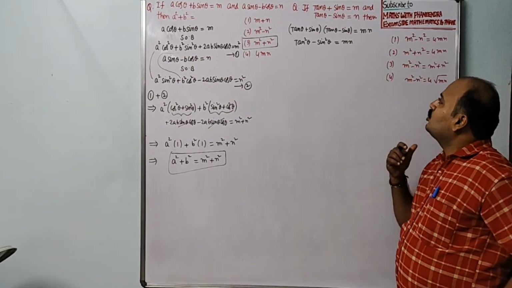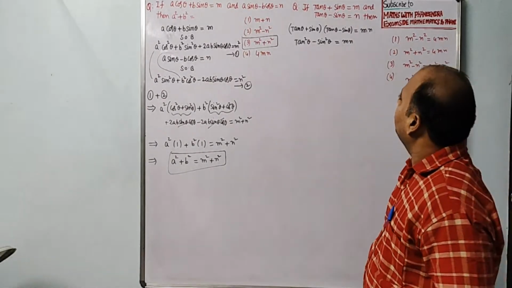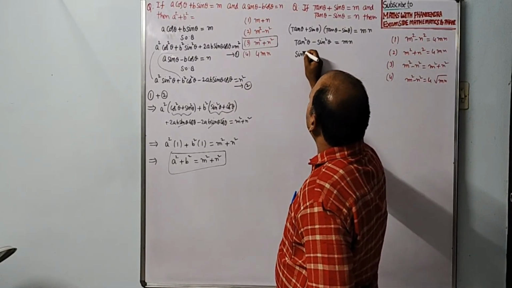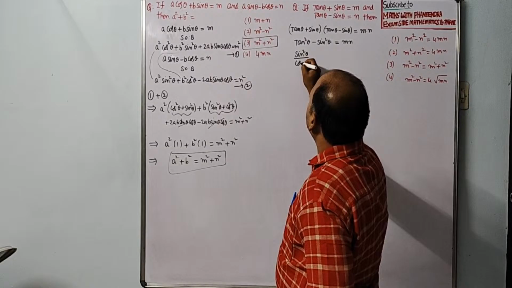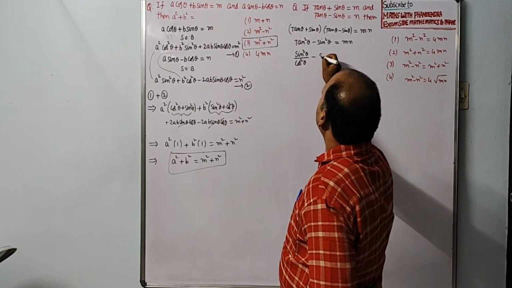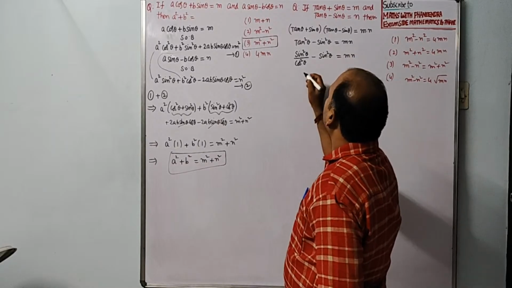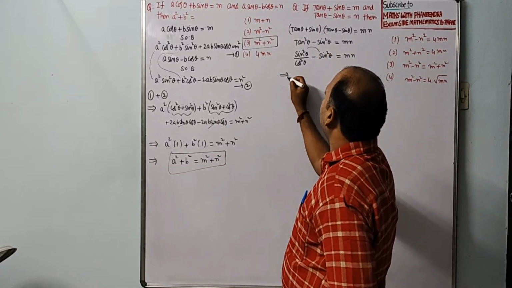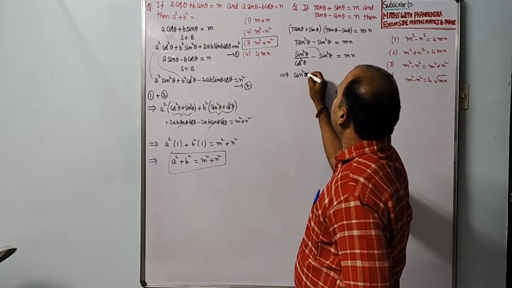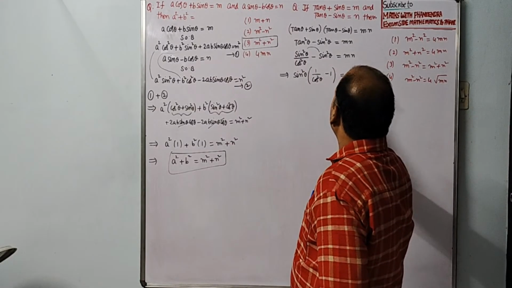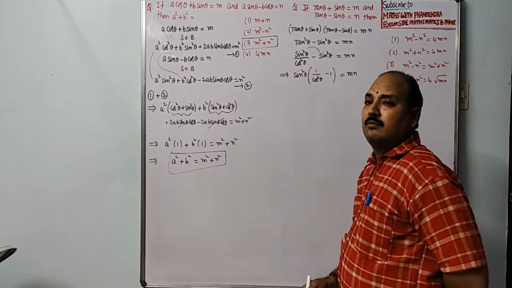After that, how to do that? Here, tan square theta can be written as sin square theta by cos square theta minus sin square theta is equal to mn. Sin square theta take common, sin square theta into 1 by cos square theta minus 1 equal to mn.